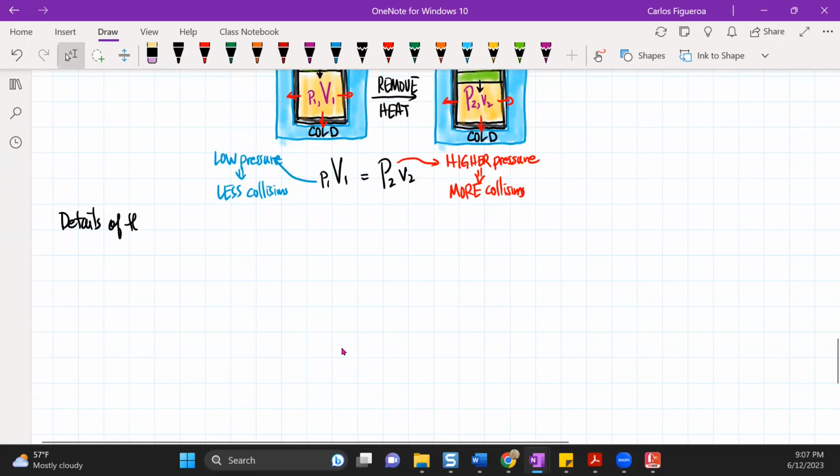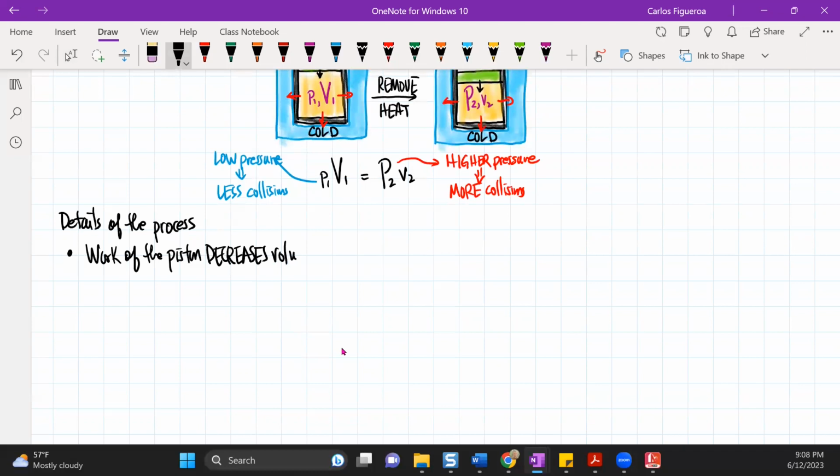So let's explain this through the details. Details of the process. So first, what do we see here? That the work of the piston decreasing volume increases K micro. So the piston is what's increasing K micro.